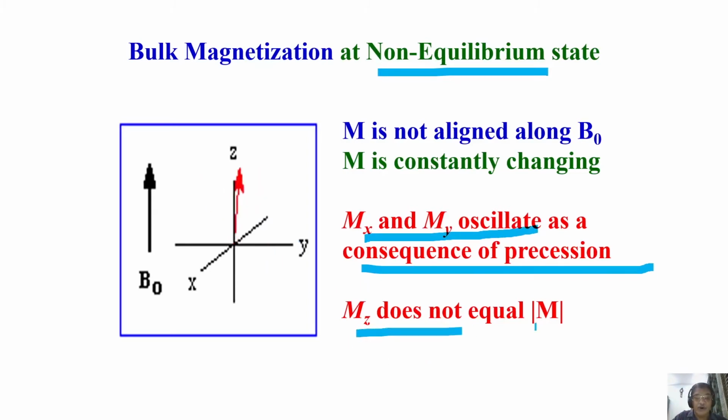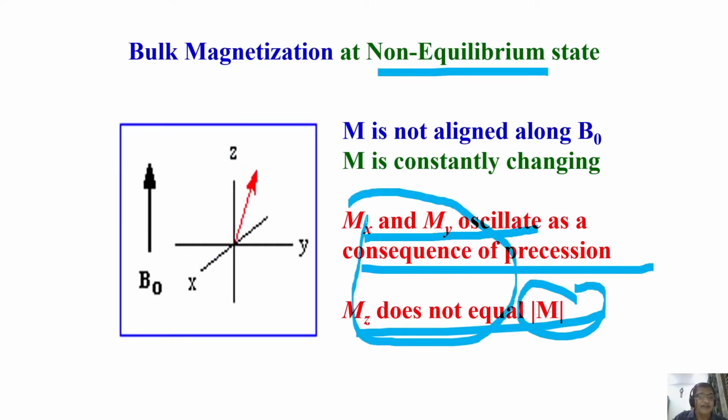Mz is no more aligned along Z, and it is not equilibrium magnetization, because Mz has a different component now. It is not thermal. Mz is not equal to M0. They are different now. So you understood the trick of what we did. We know the bulk magnetization is static at thermal equilibrium.